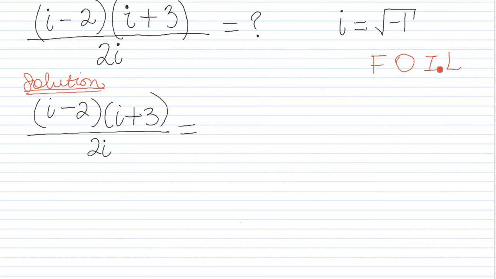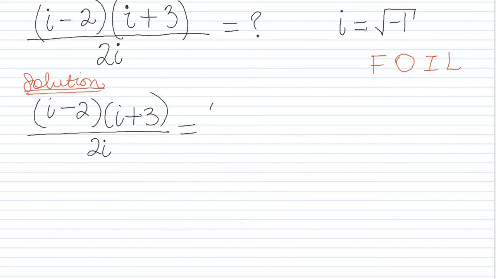The reason we're going to use FOIL is, even though the i value is an imaginary number, we're going to pretend it's a variable and do a binomial expansion. But instead of having something like (x - 3)(x + 3), we're going to have the value of i, even though i is not actually a variable but an imaginary number. That's how we think through problems like this.